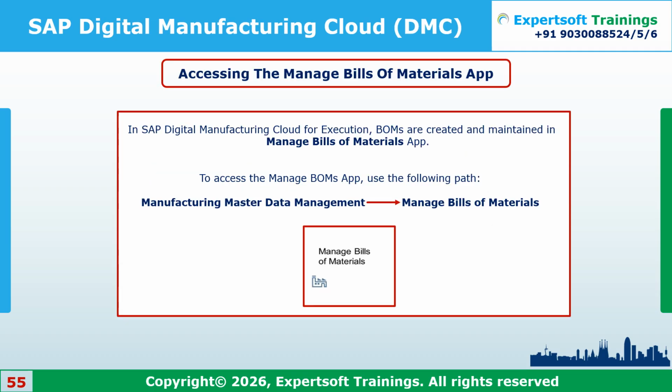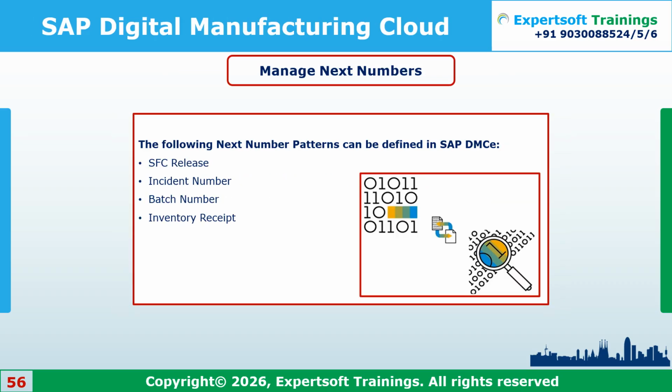Okay, and the bill of material can be managed in the app Manage Bill of Materials, and then Manage Next Numbers. So the following next number patterns can be defined in the DMC. SFC release: as I previously mentioned, all the SFCs will be in queue before execution.